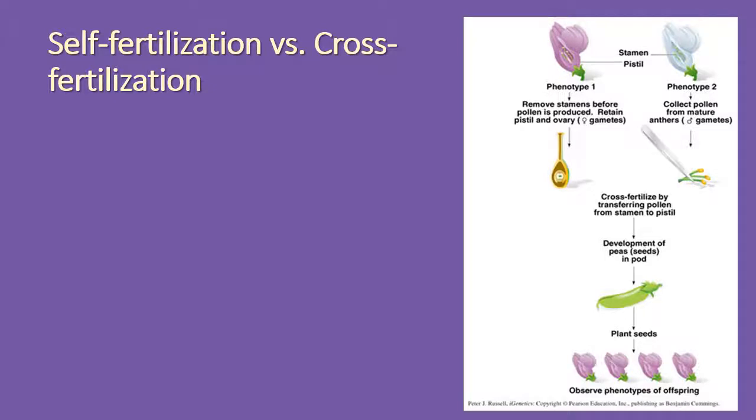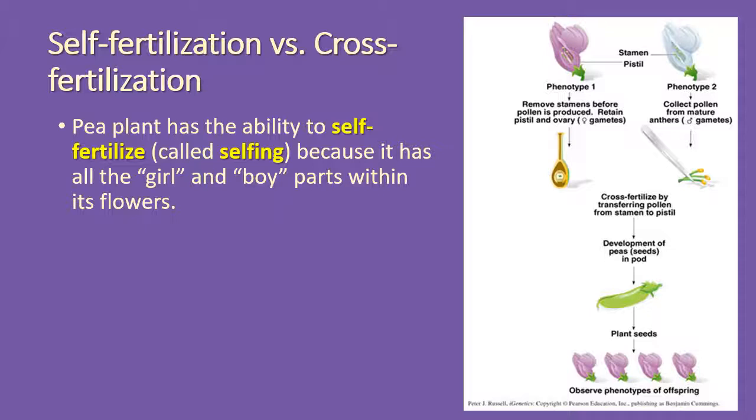So the difference between self-fertilization versus cross-fertilization, you can see here in the diagram that there's 2 main parts to a flower. You have the girl parts, which is the pistil here, and then you have the stamen, which is here, or these are the anthers of the stamen anyway.